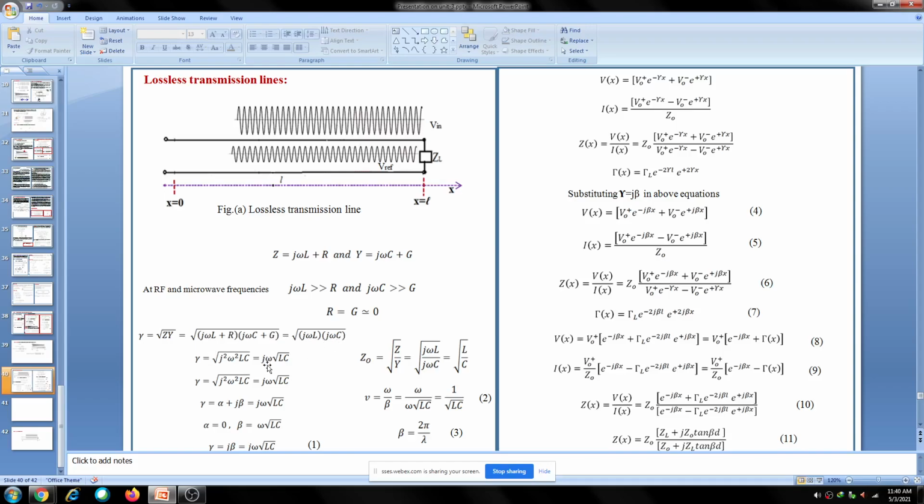So the product becomes j square omega square LC, and taking it outside, j omega root of LC.